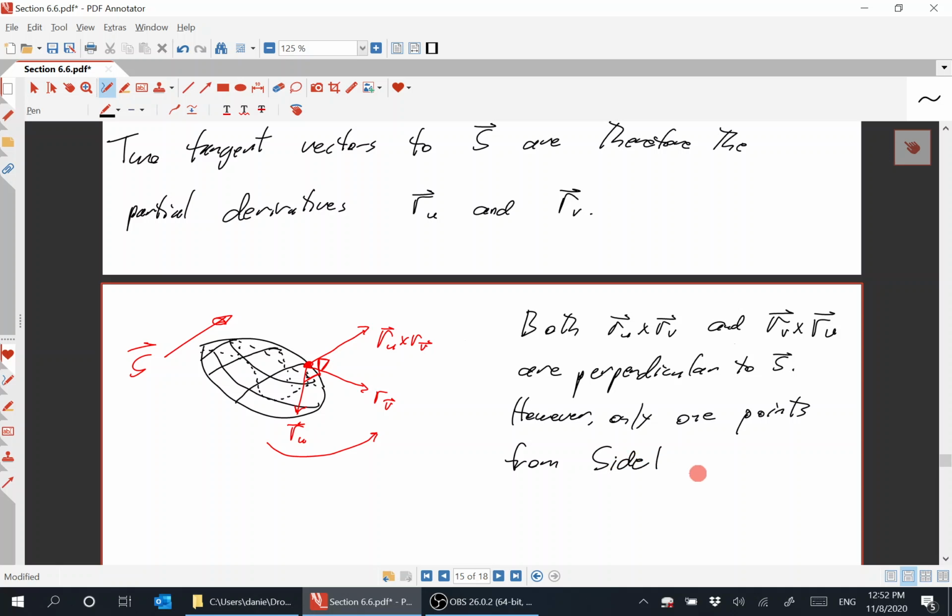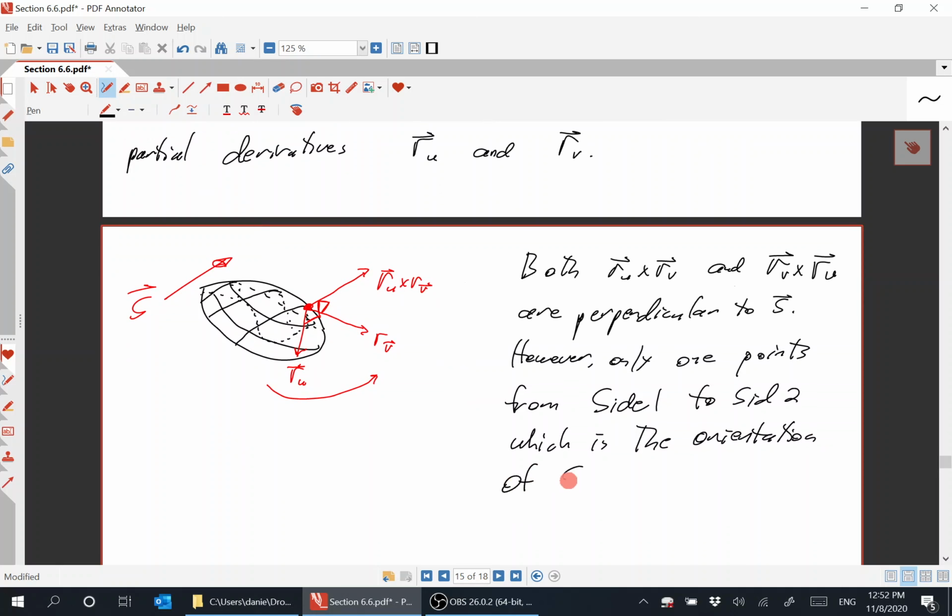Side 1 to side 2, which is the direction which is the orientation of S itself. Right? The right-hand rule distinguishes which.